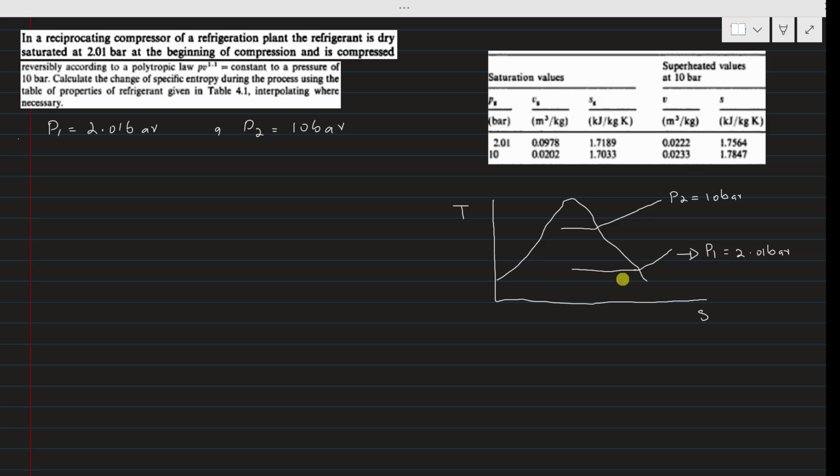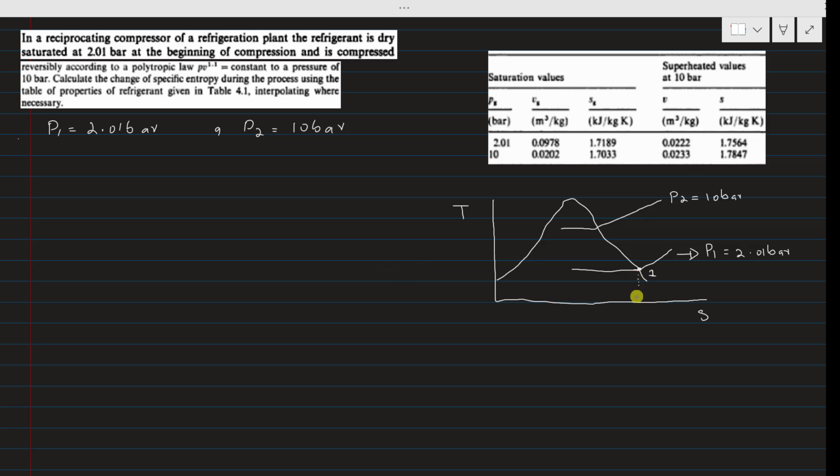At the beginning of the compression, the state point P1 lies on the dry saturated line. So our state point lies in the dry saturated region.